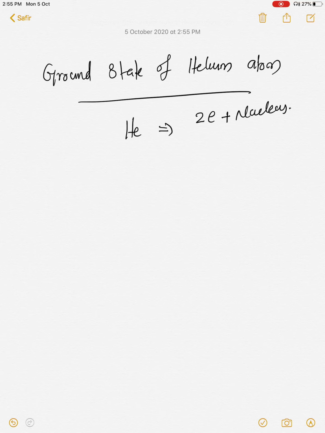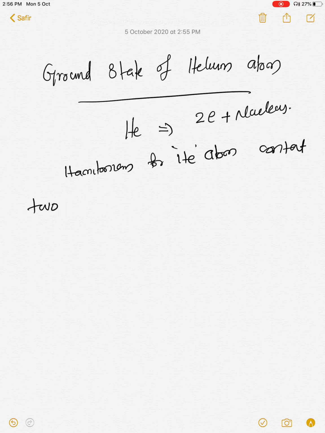So for this helium atom, we have to define the Hamiltonian of the helium atom first. The Hamiltonian for the helium atom contains 2 independent hydrogenic Hamiltonians, because a hydrogen Hamiltonian means 1 electron and 1 proton.